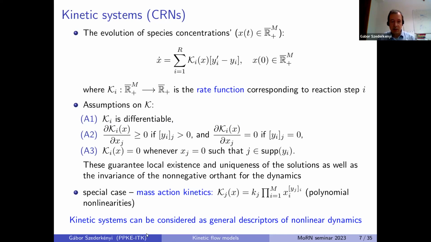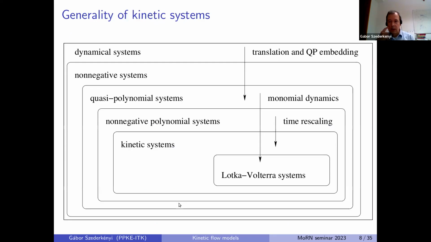As I said, reaction networks can be considered as quite general descriptors of nonlinear dynamics. And to illustrate this, I included this figure. If we have a not very ugly dynamical system, then we know that this can be written into so-called quasi-polynomial form, which is almost polynomial, but the exponents are not necessarily integer.